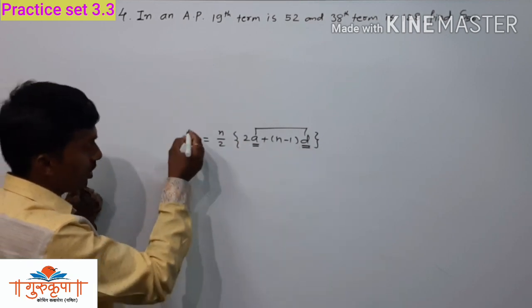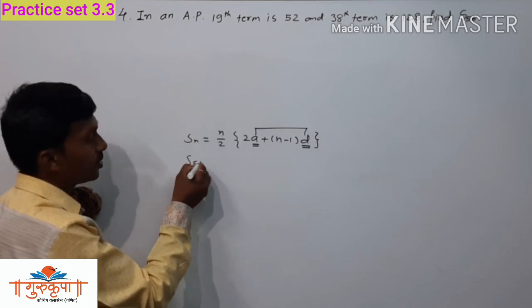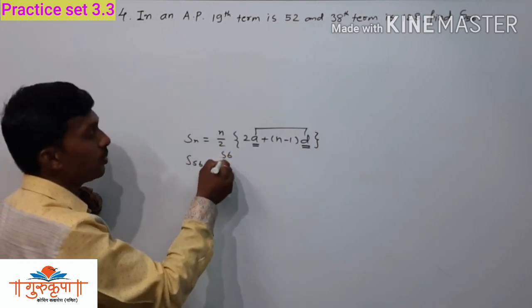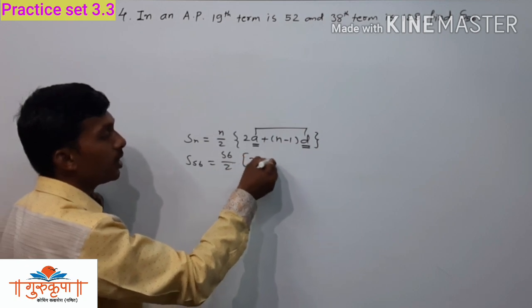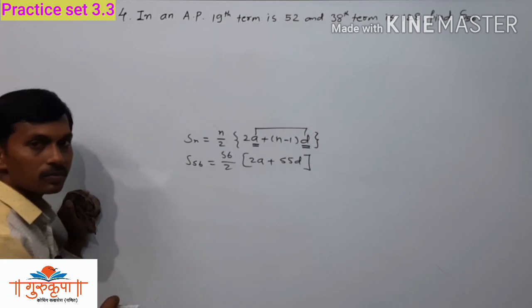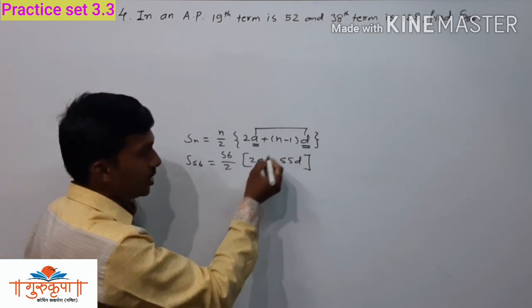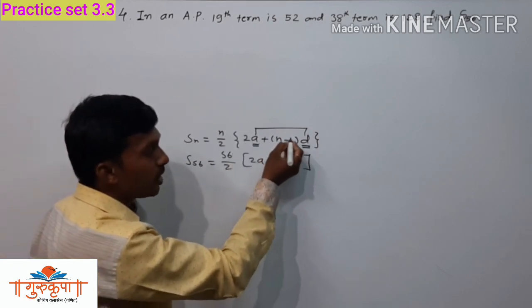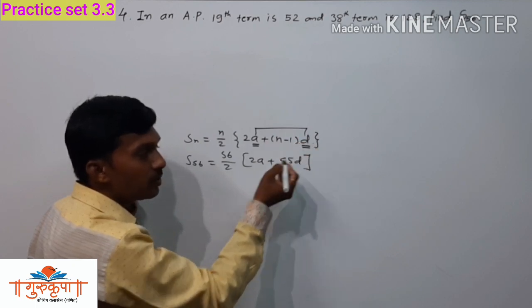Suppose here we put n equal to 56. So you will get S56 is equal to 56 divided by 2 into the bracket 2A plus 55D. This 2A is as it is. Here we put 56, and 56 minus 1 is 55. This D remains as it is.